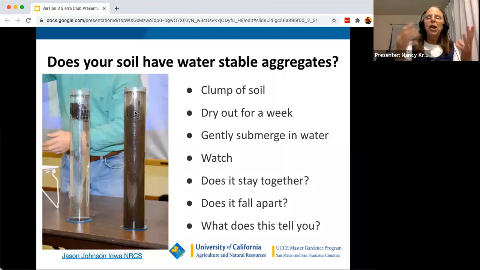In this soil, which comes from an agricultural soil which has been tilled for years, it is really dirt, not made with soil life. When it comes in contact with water, there's none of those microbial glues, and the whole clump just falls apart. So try it. You may be surprised that your soils are doing better than you think.